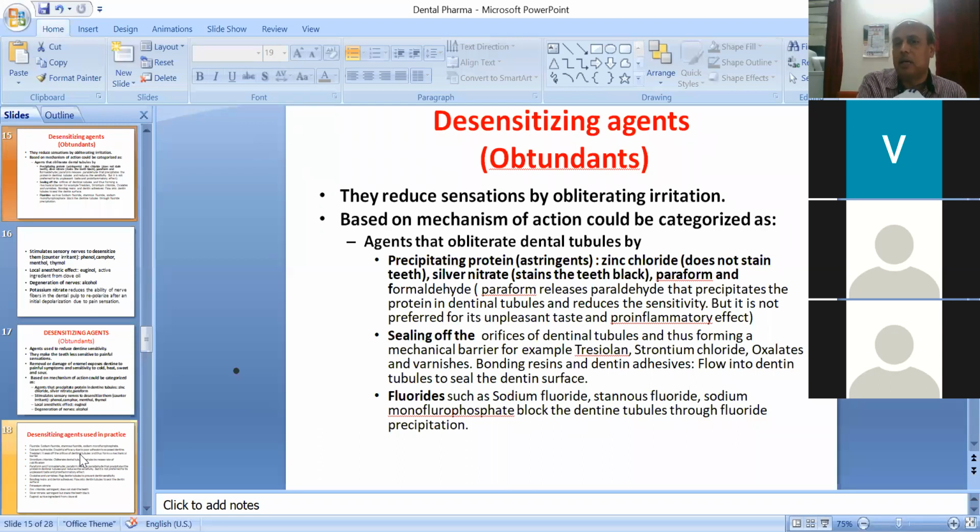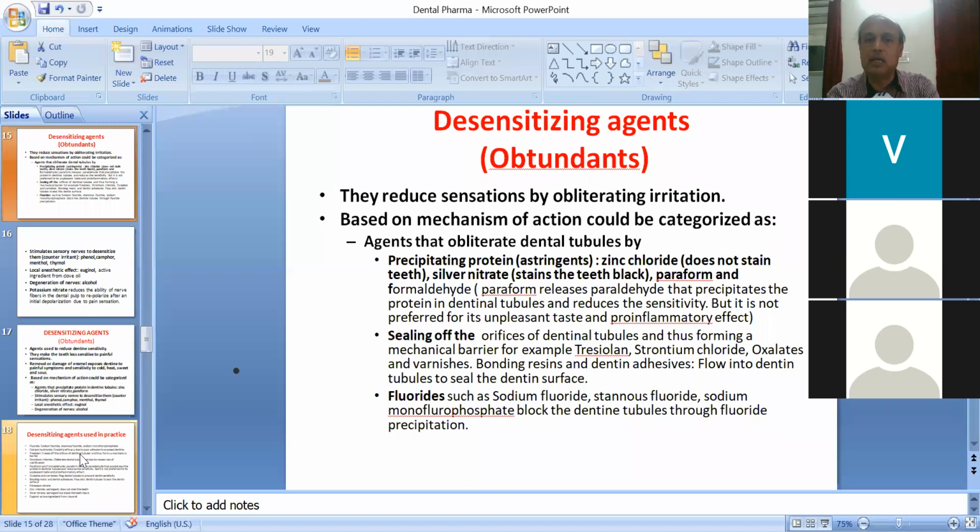So there are some agents which obliterate the dentinal tubules by precipitating the protein. The precipitation of the superficial layer of the protein is known as the astringent effect. So they are the astringents, they precipitate protein. Zinc chloride is one example.